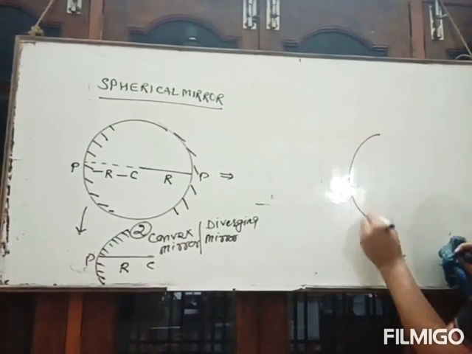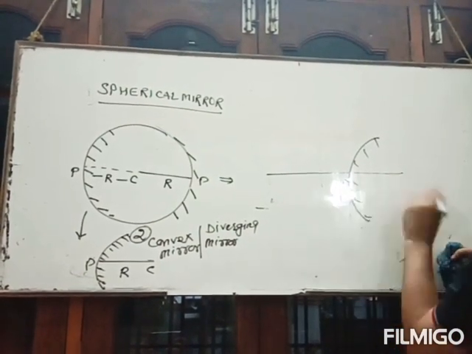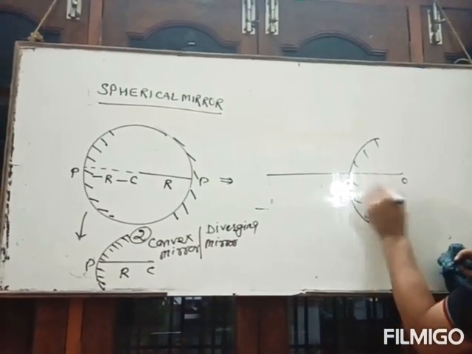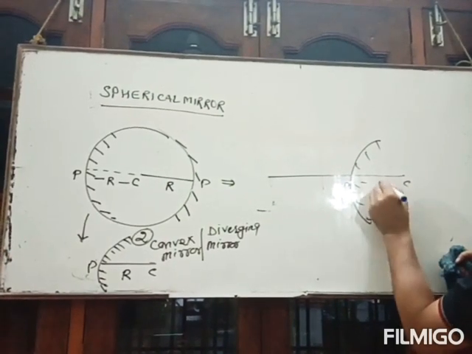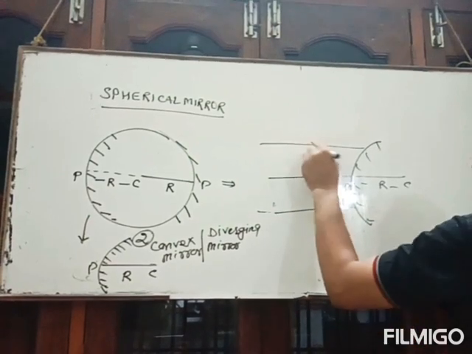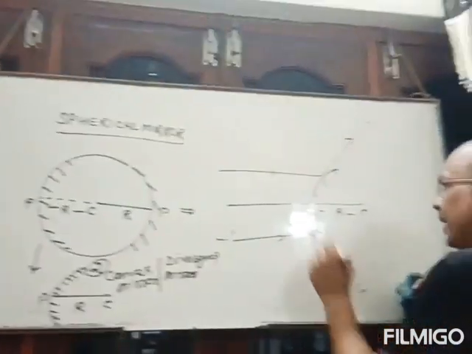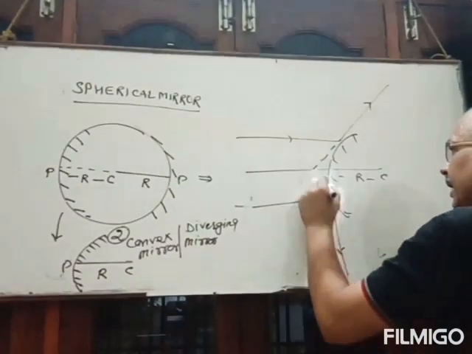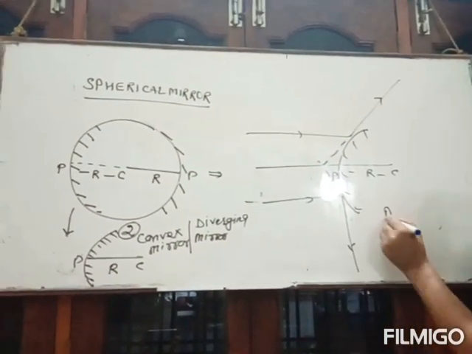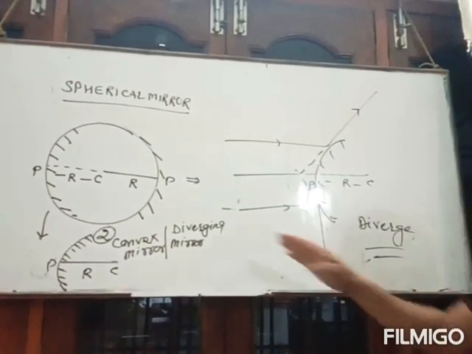Because suppose it is a convex mirror, with its pole, center, and radius. When light is incident on it, it gets diverged. Due to its diverging nature, it is called a diverging mirror.